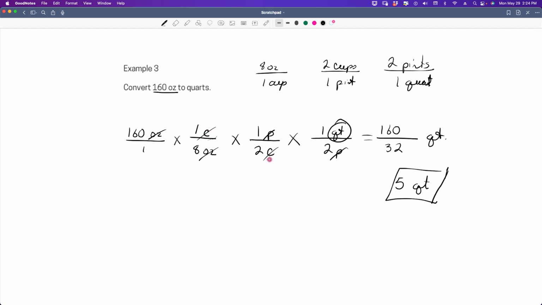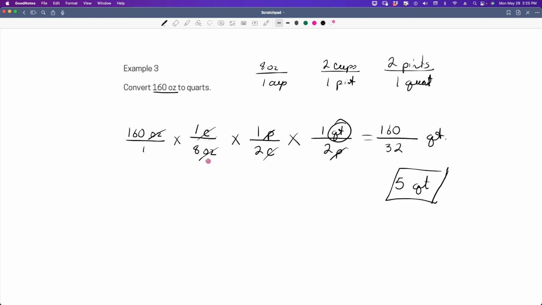Put it in the next fraction in the denominator, and that will allow you to cancel it and move to the next unit of measure, and so on until you get to the unit of measure that you need. And that is the entire process. The beauty of using fractions or ratios, which is what these are, is that you are both multiplying and dividing at the same time.